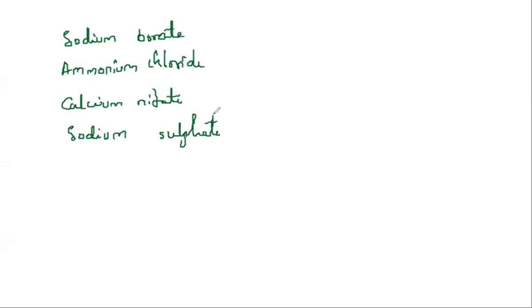So sodium borate. What is sodium borate? It is formed from sodium hydroxide and boric acid. Boric acid is H3BO3. So sodium hydroxide is there and boric acid is there. Then next is ammonium chloride, NH4OH and HCl.